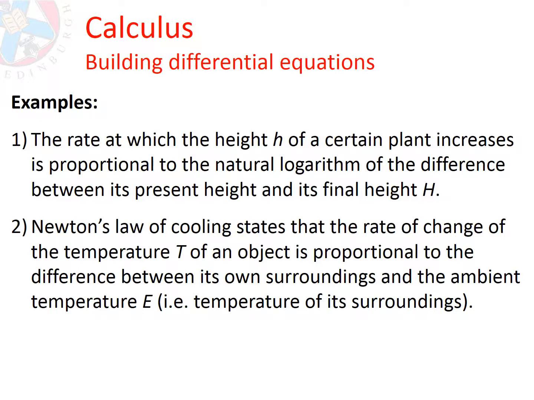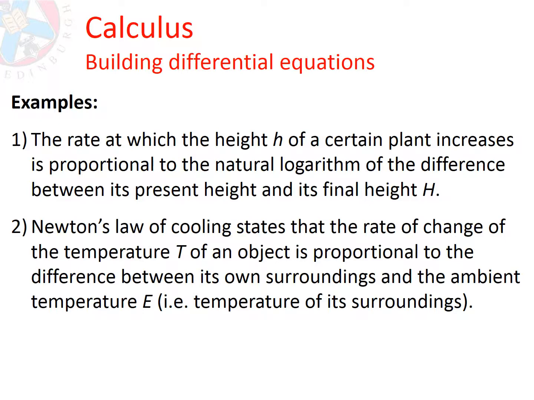You could start out with the change in temperature over time is equal to some constant, or you could say is proportional to, and you put a constant in, the difference between its own surroundings and the ambient temperature.